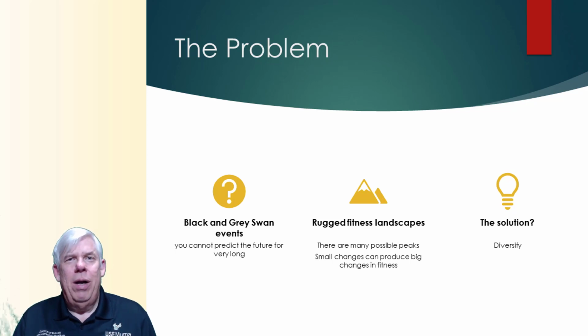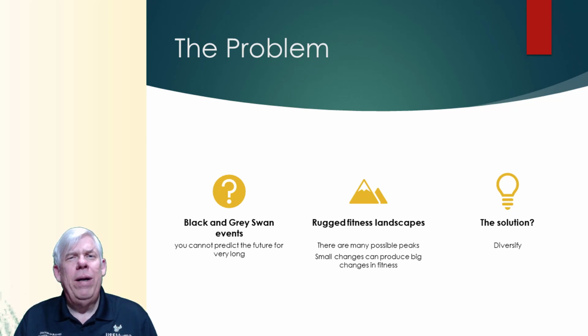So, in a rugged landscape environment, there are just too many possible peaks to understand each one of them, and changes to the environment can dramatically change whether a particular position makes sense or doesn't make sense.